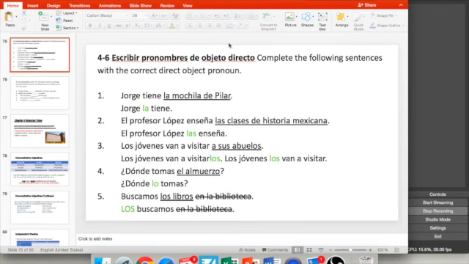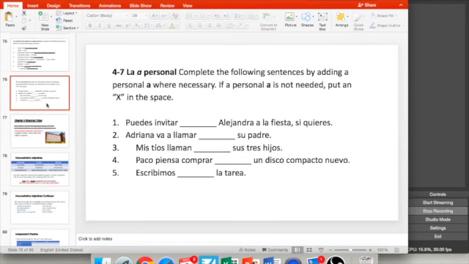Okay, I do want to briefly assess you as well on this personal a that we talked about. Remember that if whatever comes after your verb in this case is a person, if you're using that as a direct object, you're going to use the personal a. So number one says, puedes invitar blank Alejandra a la fiesta si quieres. You can invite Alejandra to the party if you want.